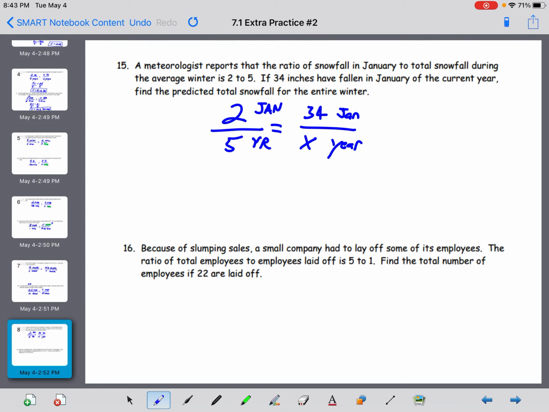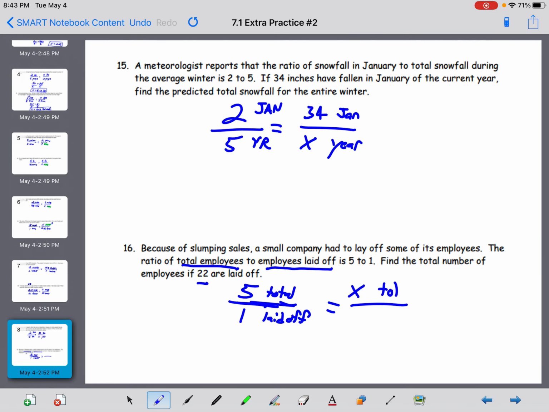Because of slumping sales, a company had to lay off some of its employees. The ratio of total employees to the ones who were laid off is 5 to 1. And that's going to equal, find the total number of employees if 22 were laid off.